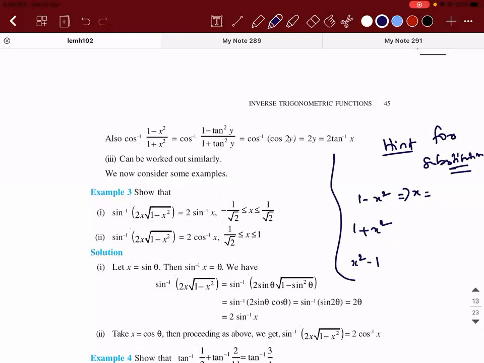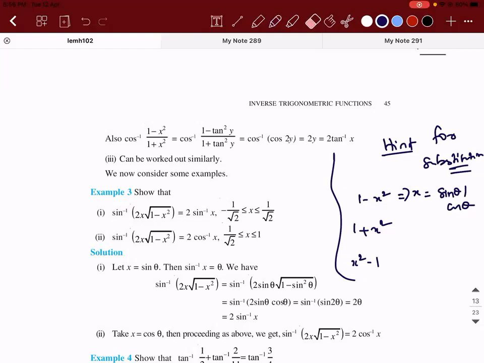Recollect the trigonometric identities from your 10th grade. Sin square theta plus cos square theta is 1. So 1 minus sin square theta is cos square, and 1 minus cos square is sin square. So in this place, you can put x as either sin theta or cos theta.